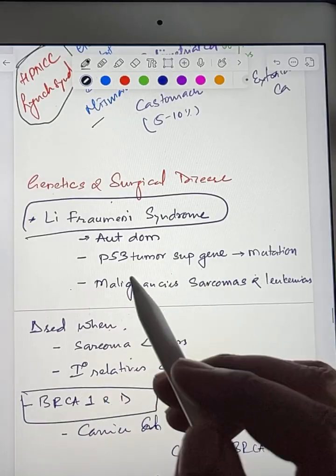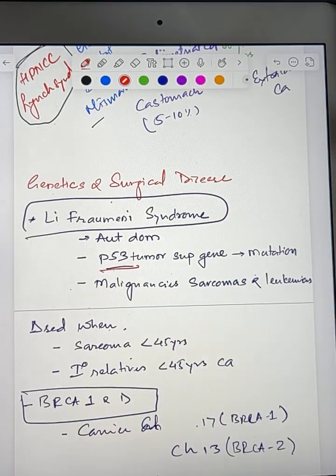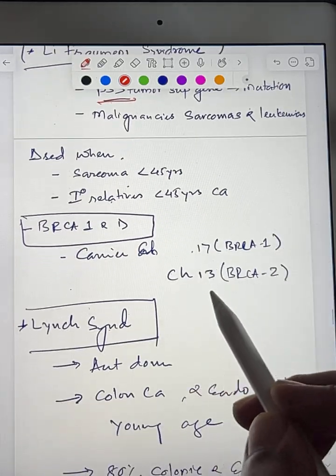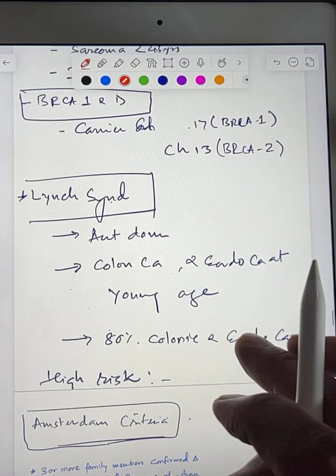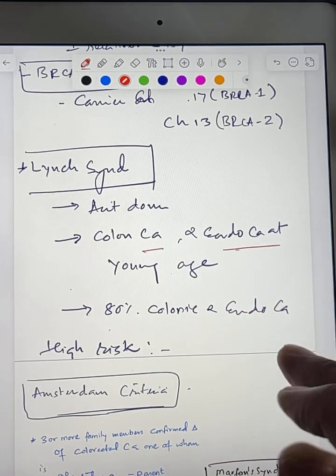Li-Fraumeni, autosomal, P53 gene. BRCA1, BRCA2 on chromosomes 17 and 13. Lynch syndrome, autosomal, colon and endometrial cancer at a younger age.